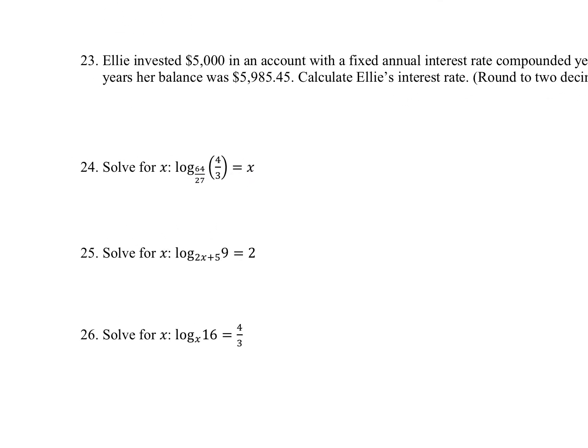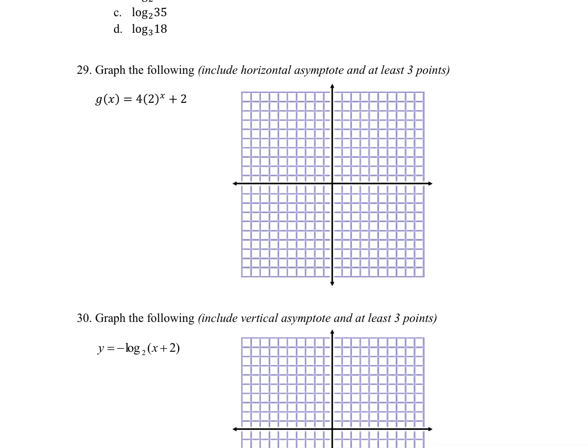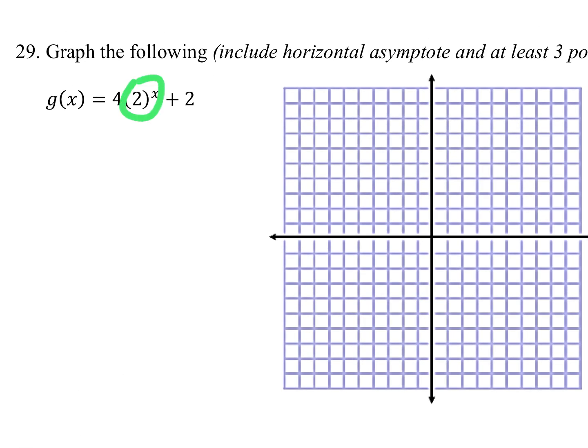All right. So I think you can see there's a lot of logs in here. If you go on to the next page, more logs. This, remember the base of this is 2 to the x. Remember that looks like this. But one more thing about graphing, and I know I've kind of burned you to the last of your brain power, but go to problem 29, make an XY chart.